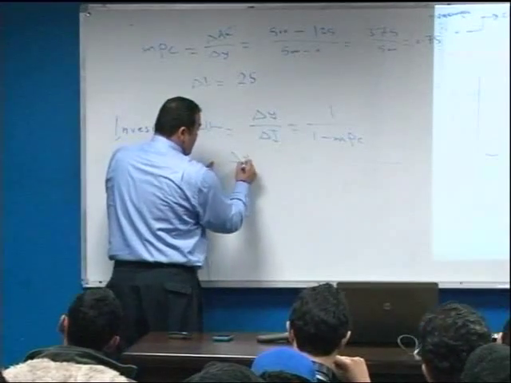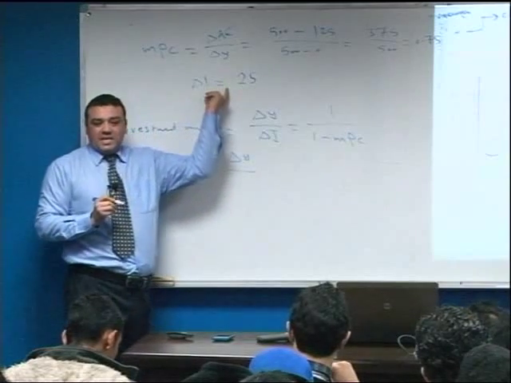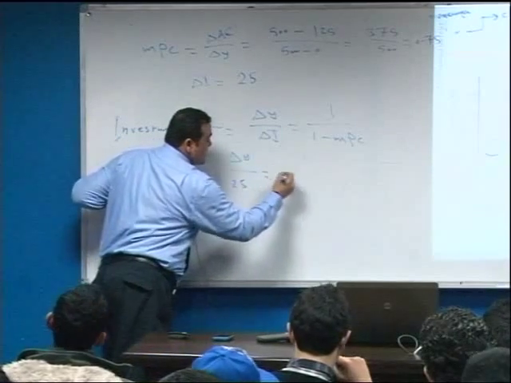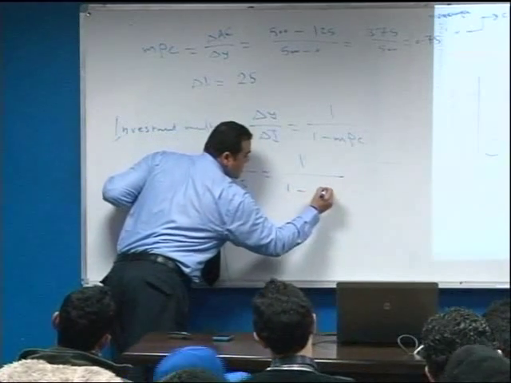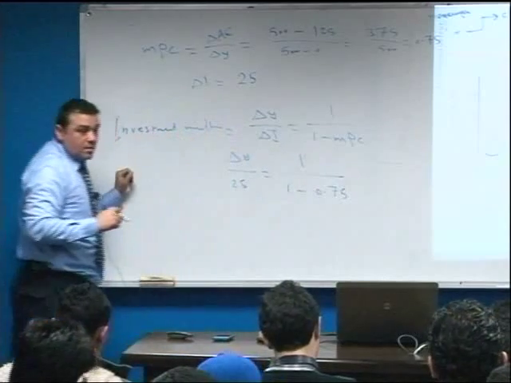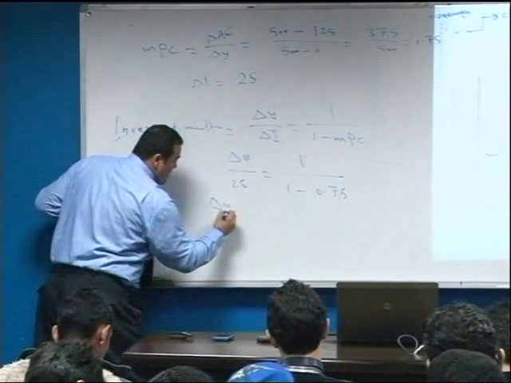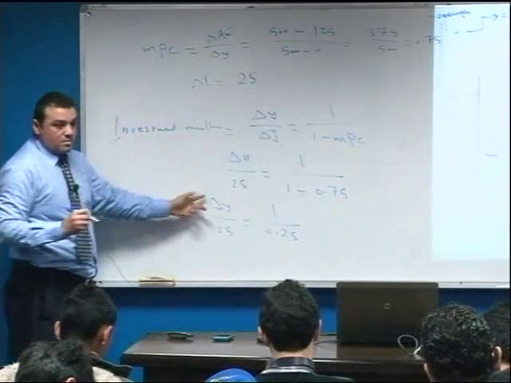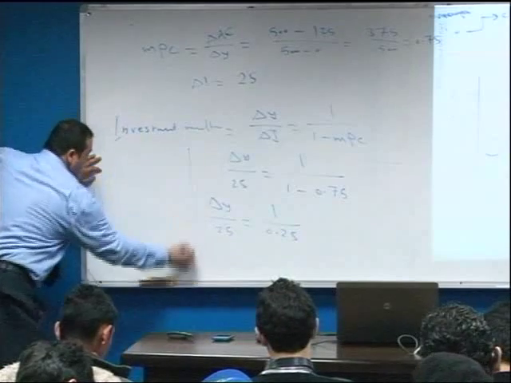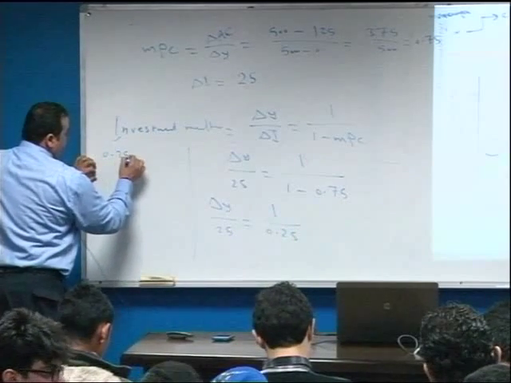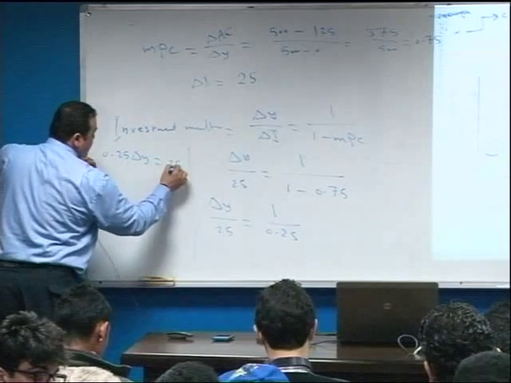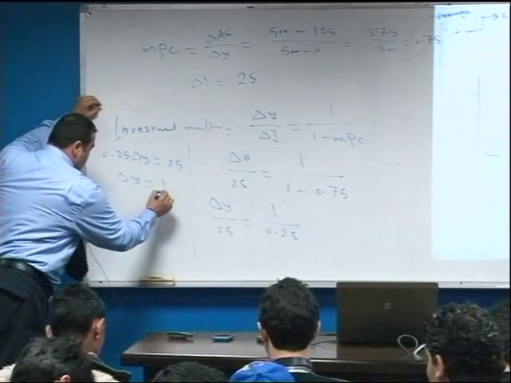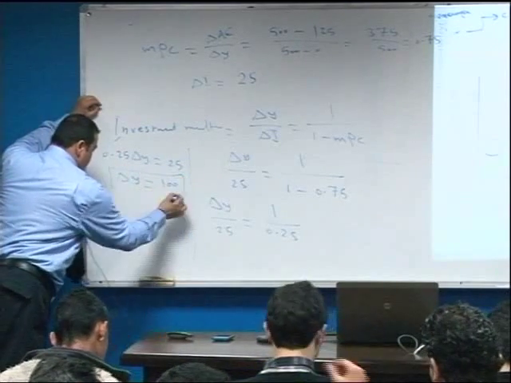So delta Y over 25 equals 1 over 1 minus 0.75, which is 1 over 0.25. Cross multiplying, 0.25 times delta Y equals 25. So delta Y equals how much? 100.